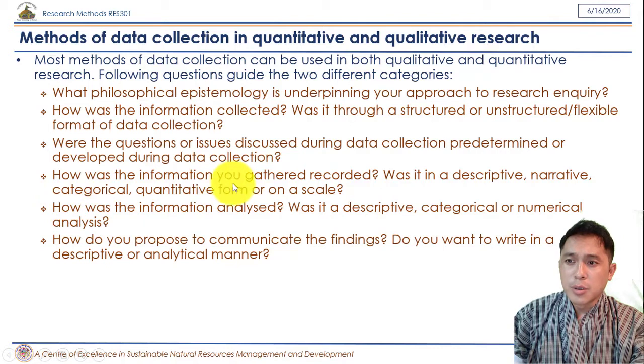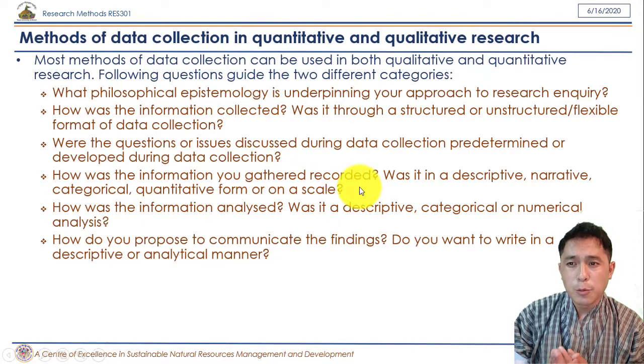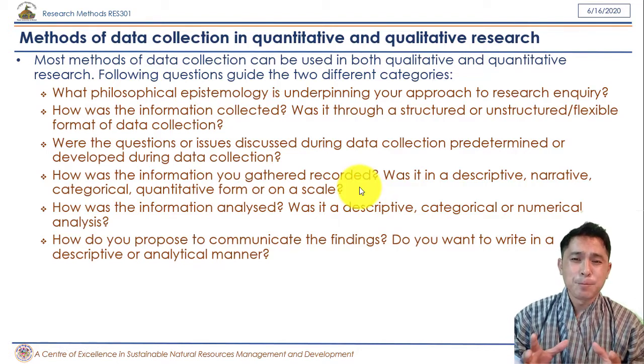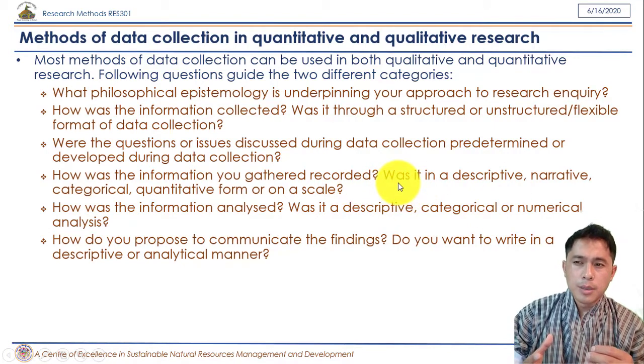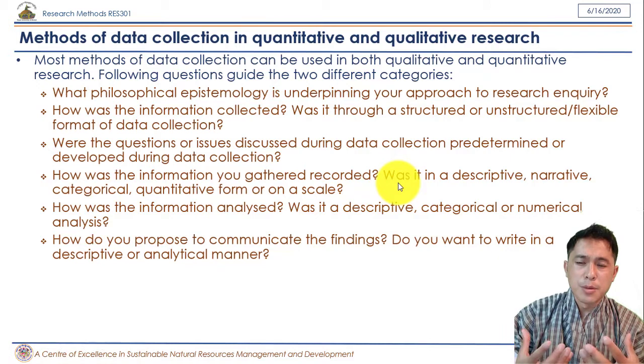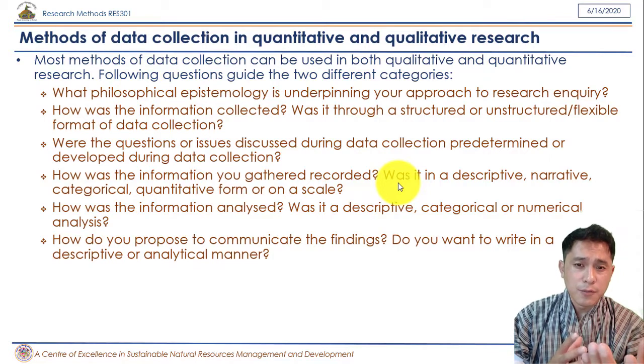How was the information you gathered recorded? The way that you record the information again really determines whether it's qualitative or quantitative. For example, if you record the interaction between you and the respondent, or interaction between yourself and the natural field that you have, in a descriptive manner.